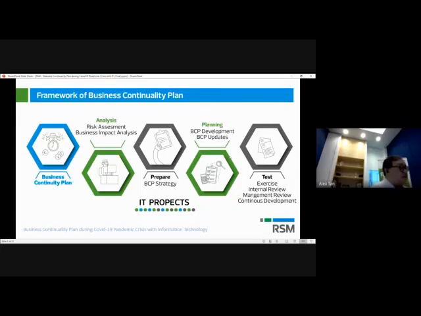The next one is the crucial one, the final stage, the testing stage, where you implement a curriculum to train the business continuity team as well as employees in the event of an emergency. This could include basic training and an overview of the business continuity plan, or in-depth exercises designed to test the procedures and prepare employees.